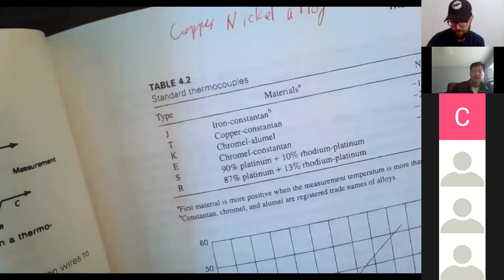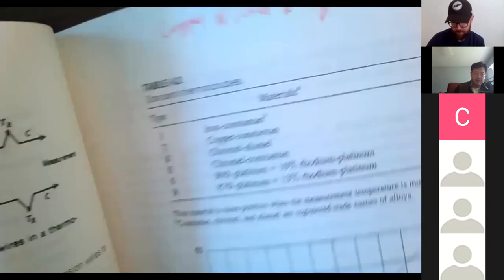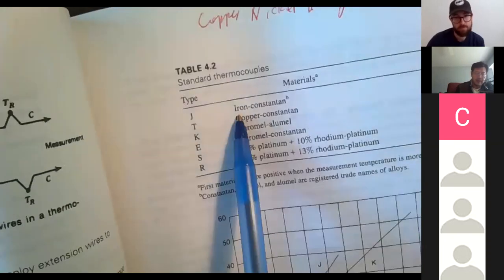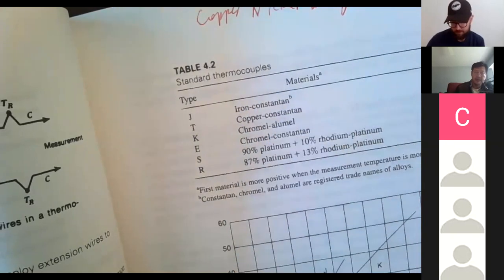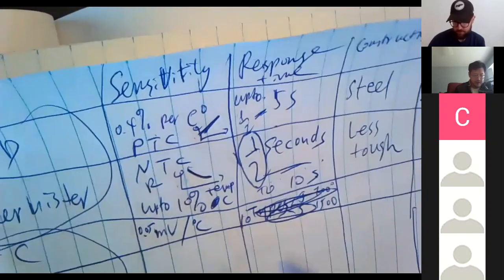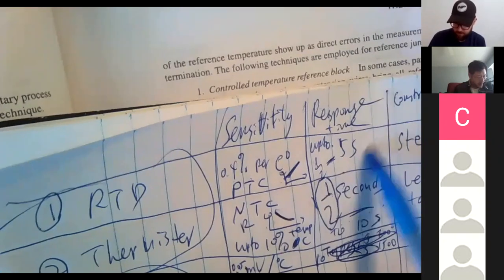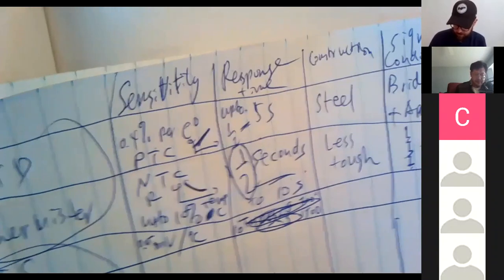So if you build those thermocouples, you have a choice to use small gauge iron, small gauge constantan wires. Make that time response faster. So that's response time.